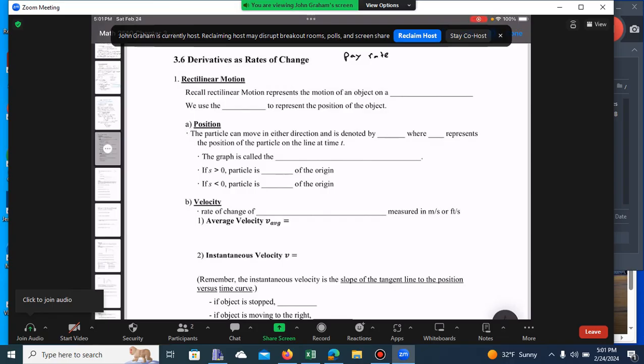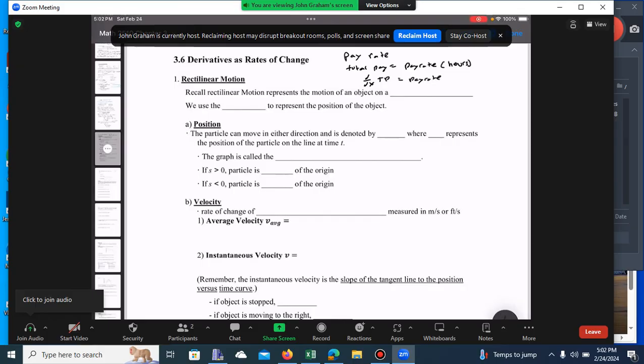And if we were to look at a function of pay, like your total pay, total pay is equal to your pay rate times the hours you work. If you take the derivative of this, you'll get your pay rate. So the derivative of the total pay with respect to t is going to equal your pay rate.